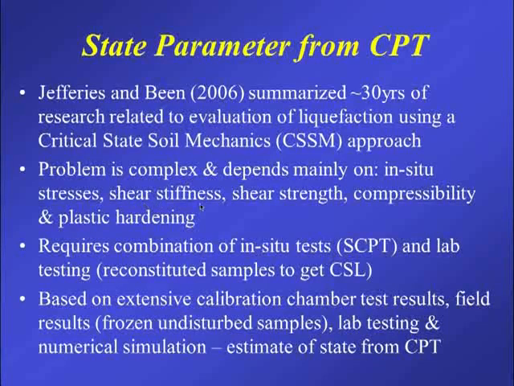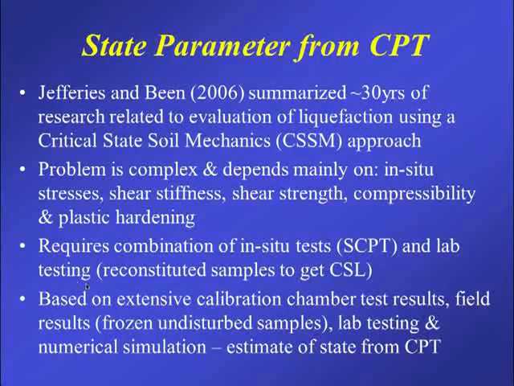It's influenced by the shear stiffness, particularly the small strain shear stiffness, the shear strength, compressibility, and plastic hardening. Jeffries and Bean suggested that really it needs a combination of in situ tests, and they recommend the seismic CPT because you can measure the shear wave velocity and get the small strain stiffness as well as the CPT data.